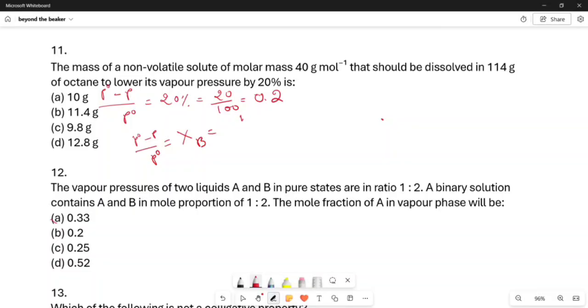XB means WB by MB divided by WB by MB plus WA by MA. See, the relative lowering of vapor pressure is proportional to the mole fraction of the solute.